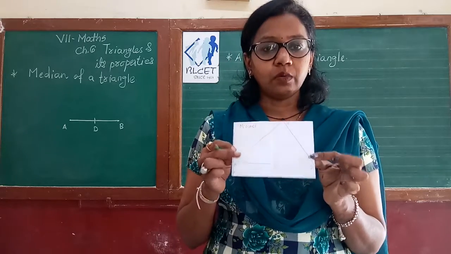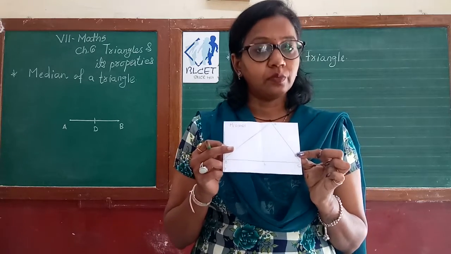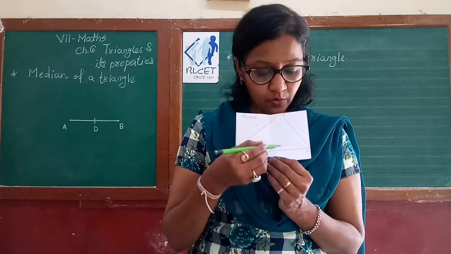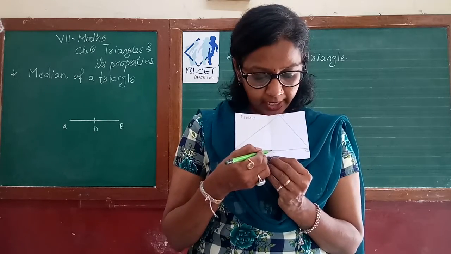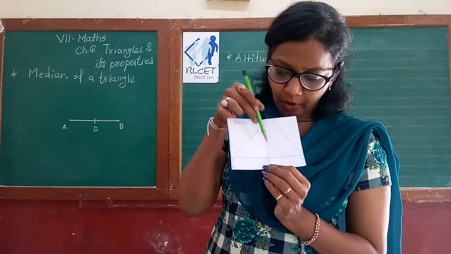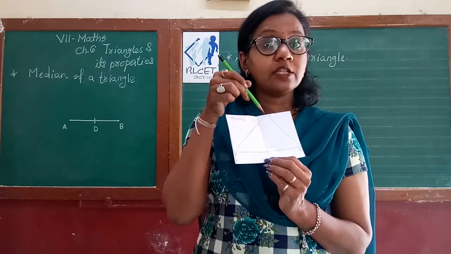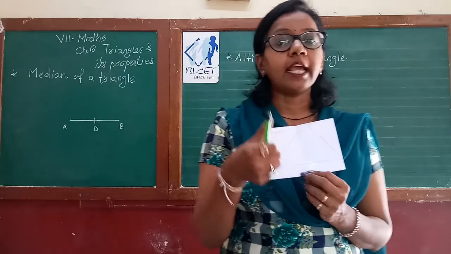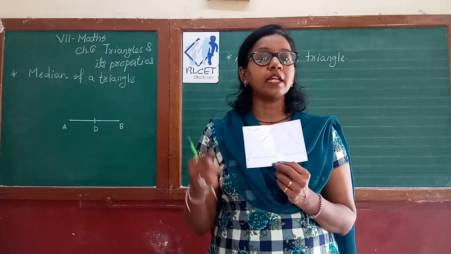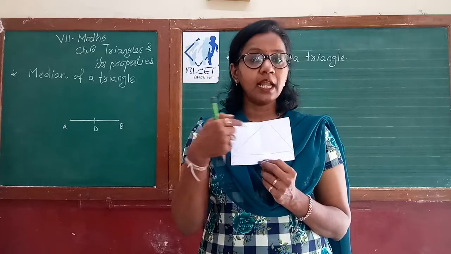Okay, now what we have to do? Now I have the midpoint of BC. So what we can do? If you join this point with vertex A, we will get the line segment AD, and AD is nothing but the median of the given triangle ABC.